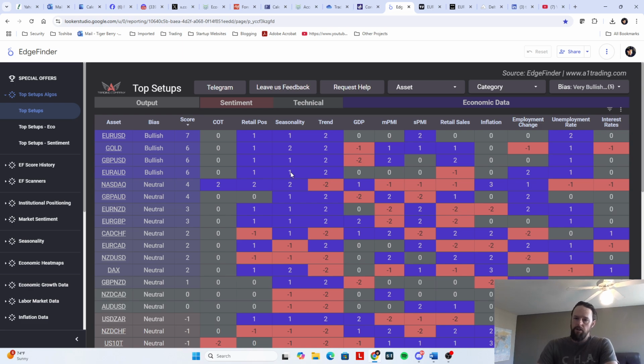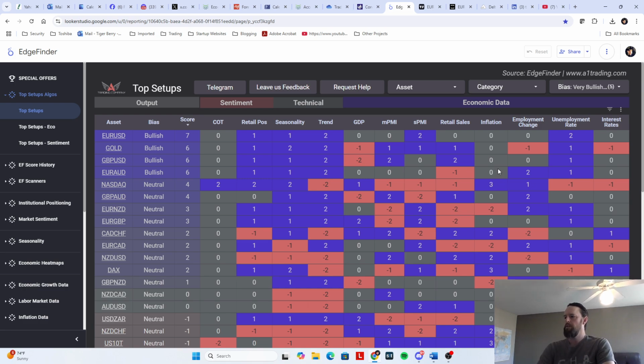Seasonality. This is typically a good month, I should say, month and week for that currency pair in particular to go up. The trend is clearly up. We've had some economic data recently where it's been more of a neutral report. Okay, the GDP, the manufacturing and services purchasing managers indexes. Now the retail sales numbers came out and actually went against this idea.